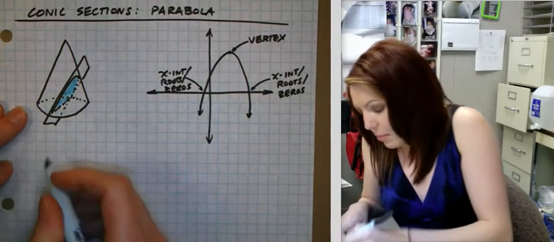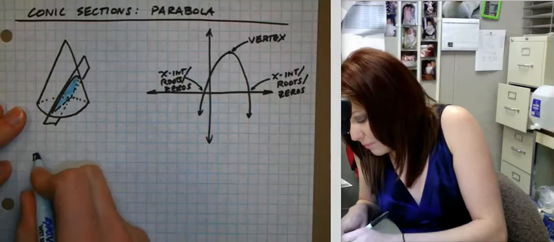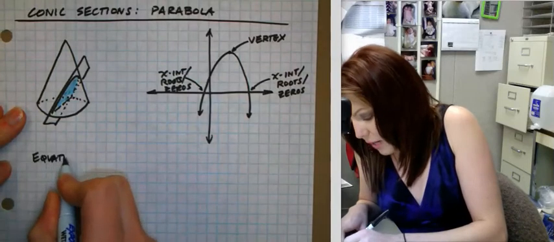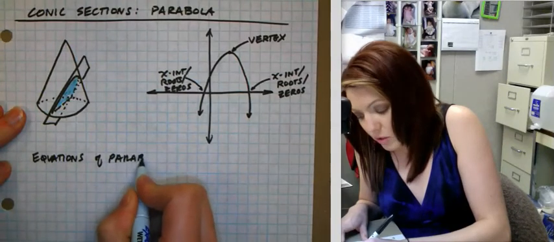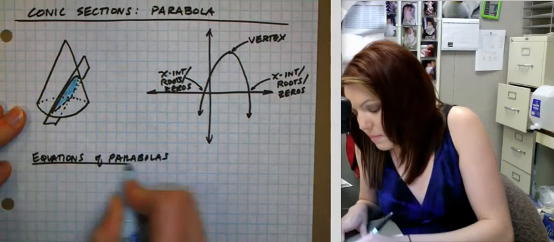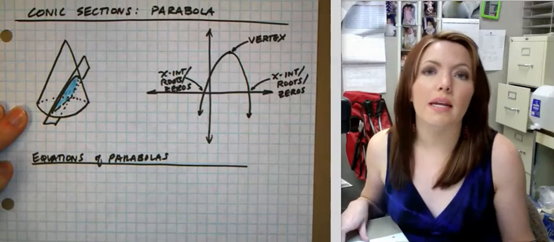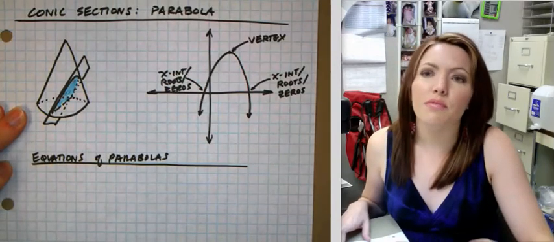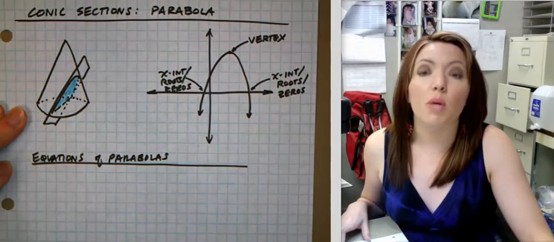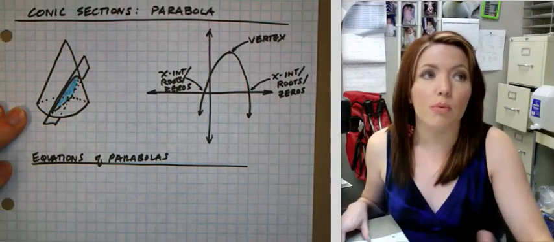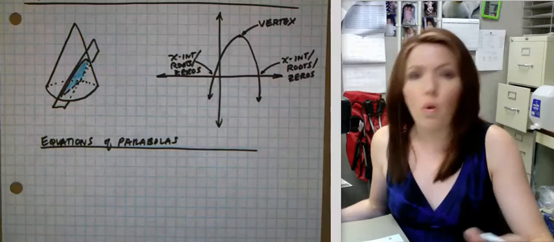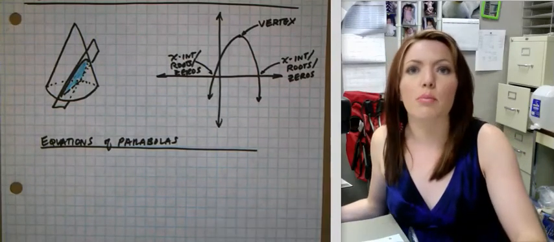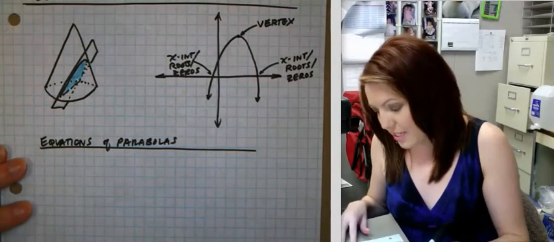So we have a couple of different forms for equations of parabolas. And we're going to look at both of them. You need to be familiar with both of them. They have different terminology. Some math teachers and some books and some literature says one thing, and other books and other professors and other pieces of literature say different things.